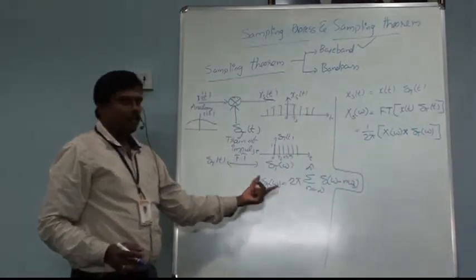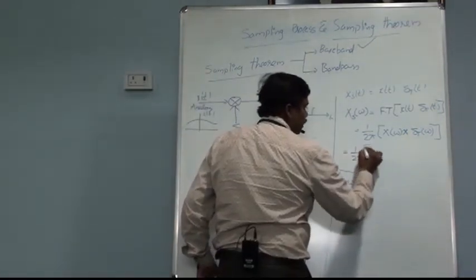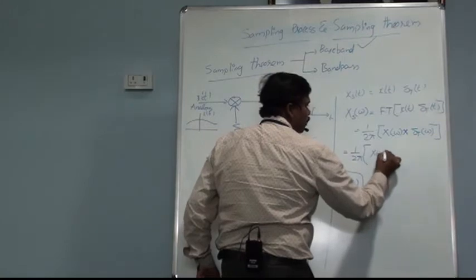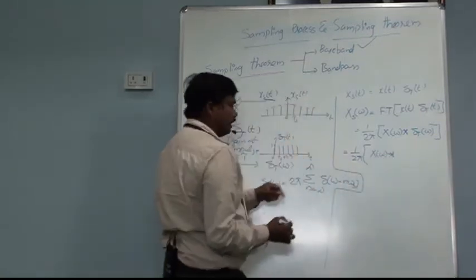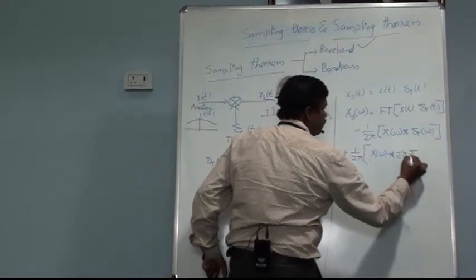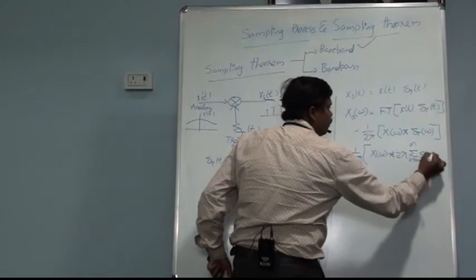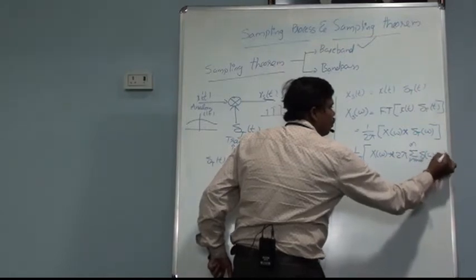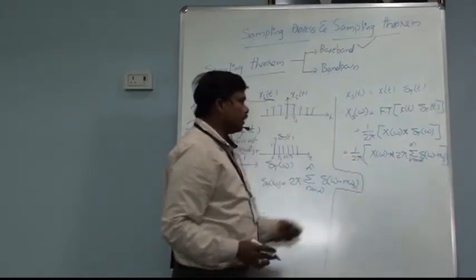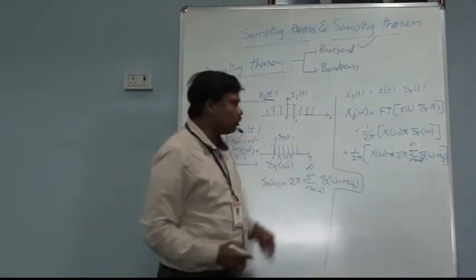Just now we wrote delta of omega as 2 pi summation n equal to minus infinity to plus infinity delta of omega minus n omega s. Now here 2 pi is a constant, we can take it outside, so 1 by 2 pi is there, and both are cancelled.